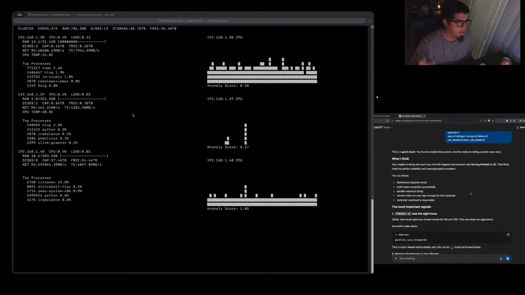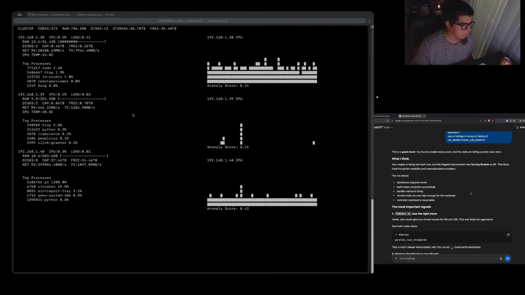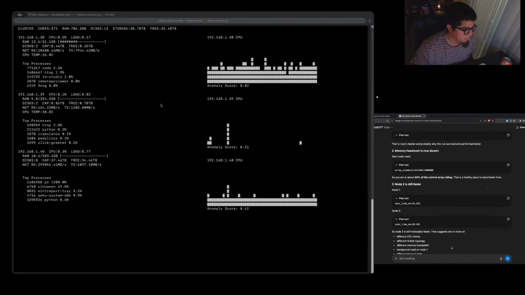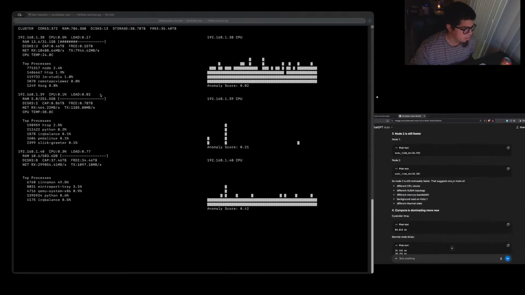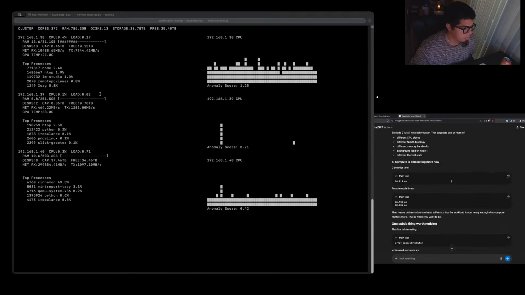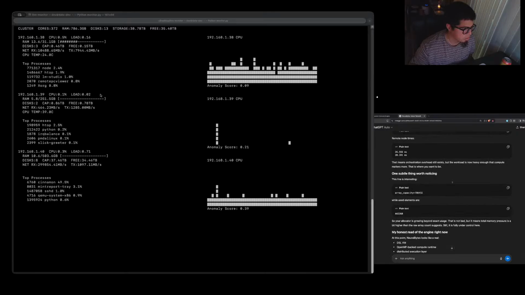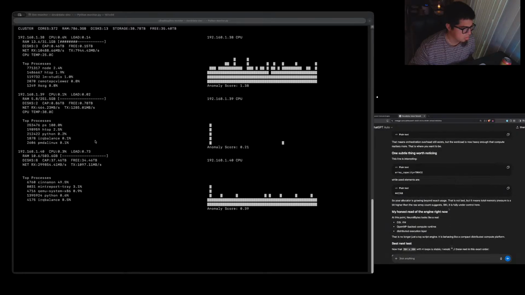Okay, there you go. Alright, so let's see what ChatGPT says about my piece of software. Good results. Your engine is doing really good. Okay, let's see. So still about 44%. Some orchestration overhead issues. It says your allocator is growing beyond exact usage.